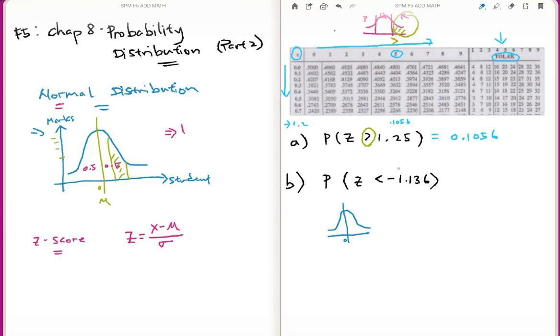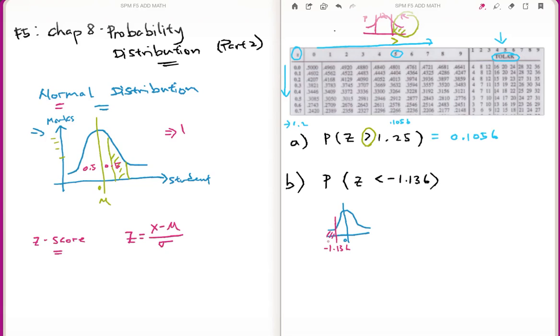Now tell me, where is negative 1.136? That will obviously be over the left hand side. Somewhere here over the left, because 0 is here, so on the left is negative 1.136. Less than that, so they are looking for this area.